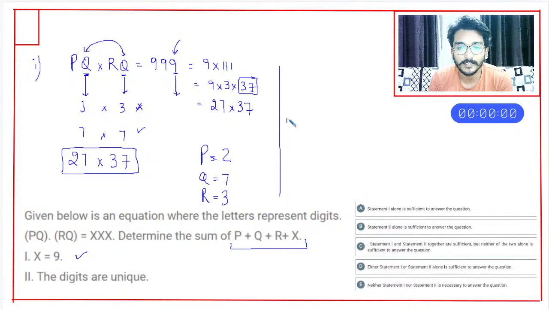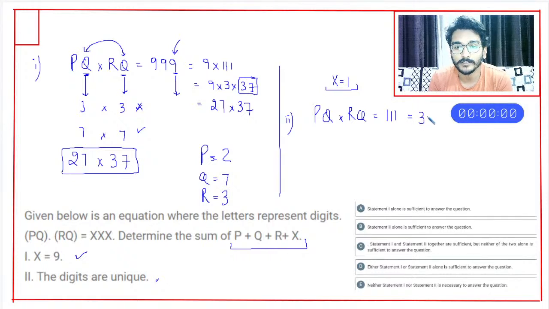All right, let's check the second option now. The second statement is saying that digits are unique, which means everything is different. We have PQ multiplied by RQ equal to triple X. Now I can assume it is triple one. Let's suppose I'm plugging the X value equal to 1. It is a hit and try approach.